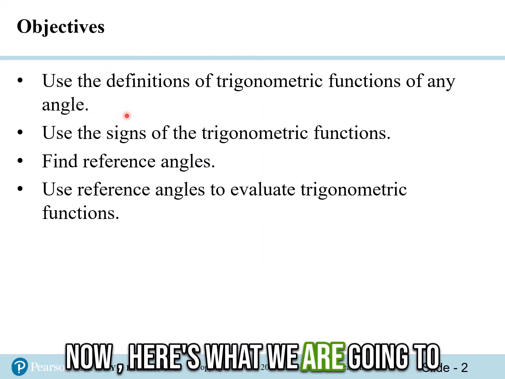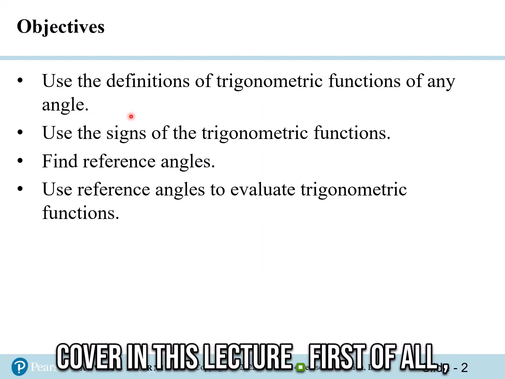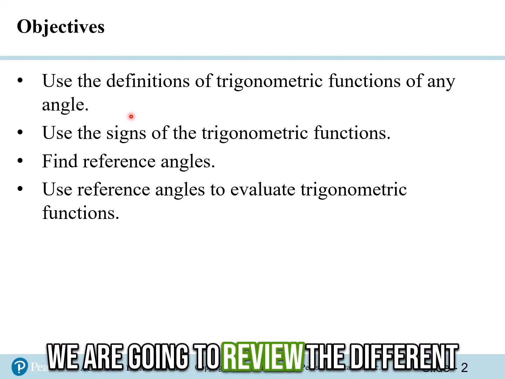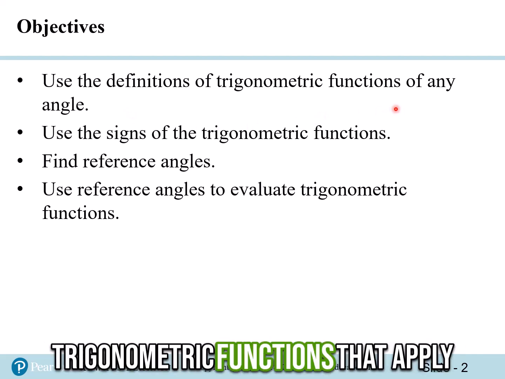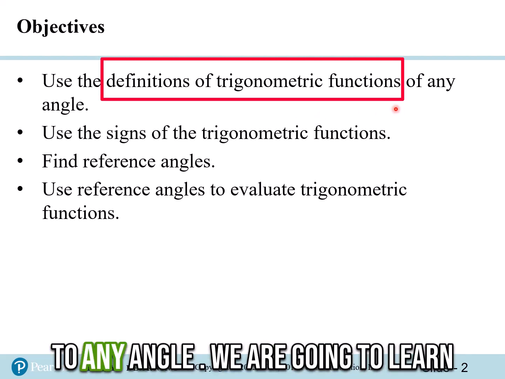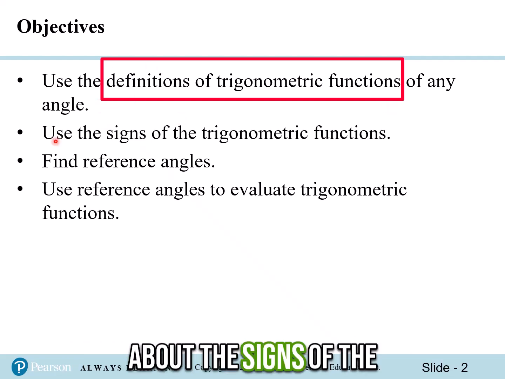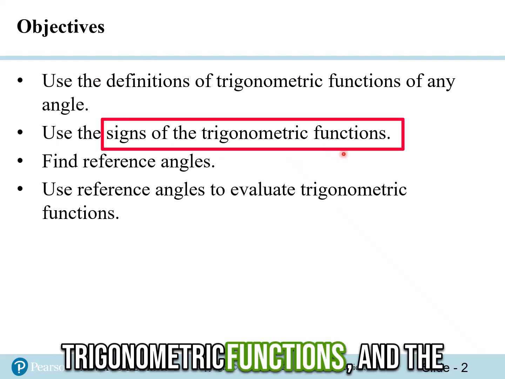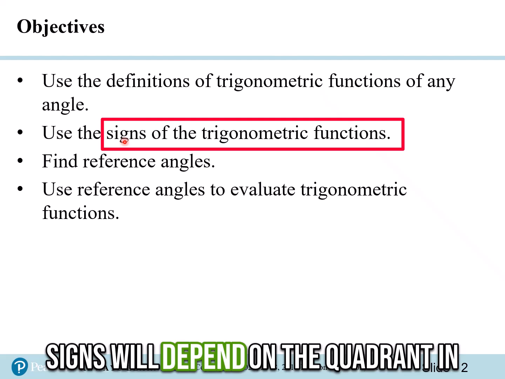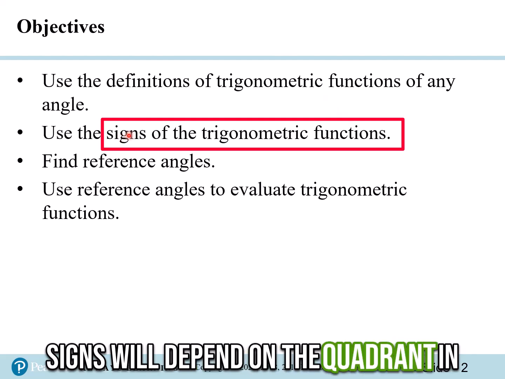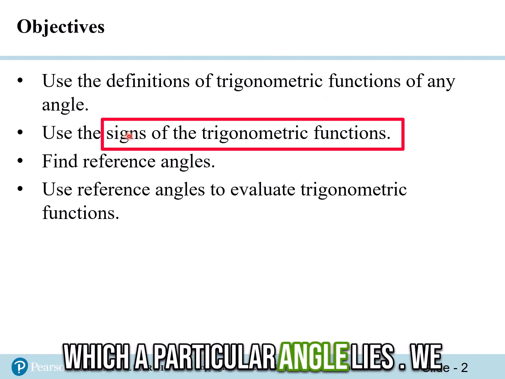Now here's what we are going to cover in this lecture. First of all, we are going to review the different trigonometric functions that apply to any angle. We are going to learn about the signs of the trigonometric functions, and the signs will depend on the quadrant in which a particular angle lies.